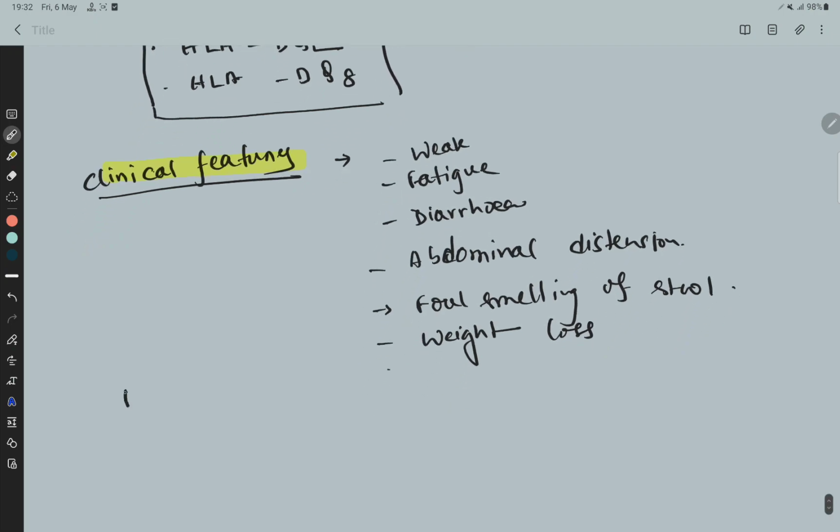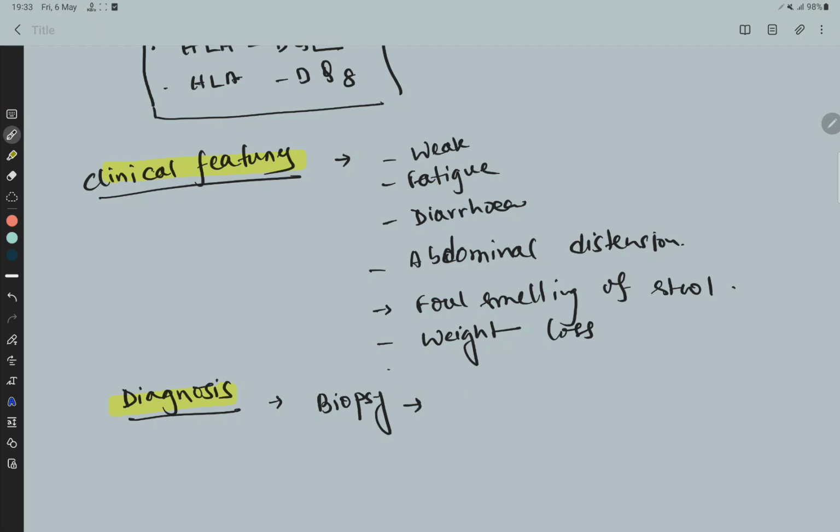And then diagnosis. How can we diagnose this celiac disease? Through biopsy.